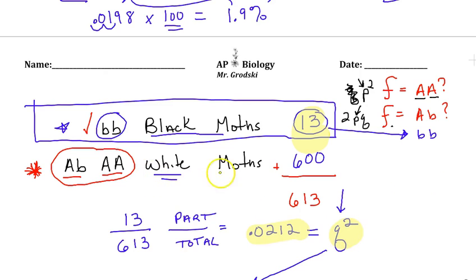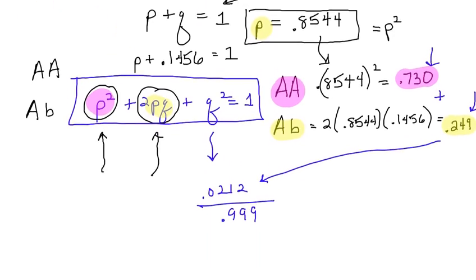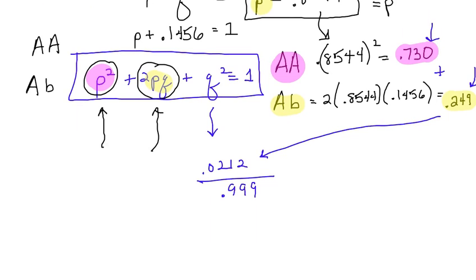And you can't do that with the white moths because they have two what? Different possible genotypes. So therefore, you can't do that. So this is typical of given an amount of each of two different phenotypes, and figuring out the percentage, assuming there's no equilibrium.